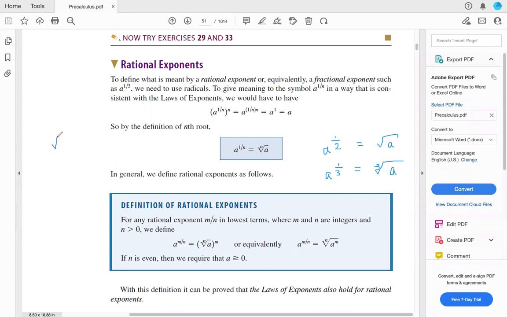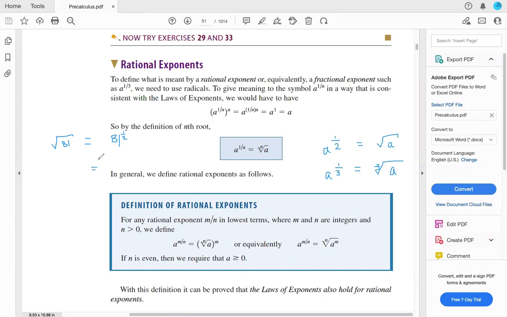For example, what is the square root of 81? We know it's 9, right? But I can write it with a fractional exponent: 81 raised to the 1/2 power.